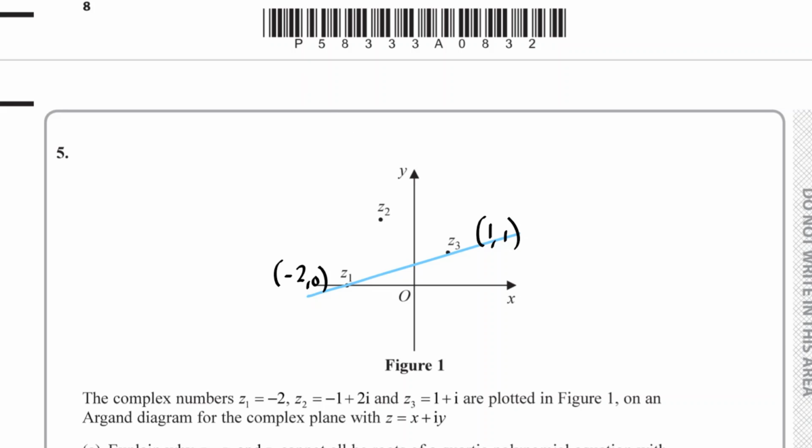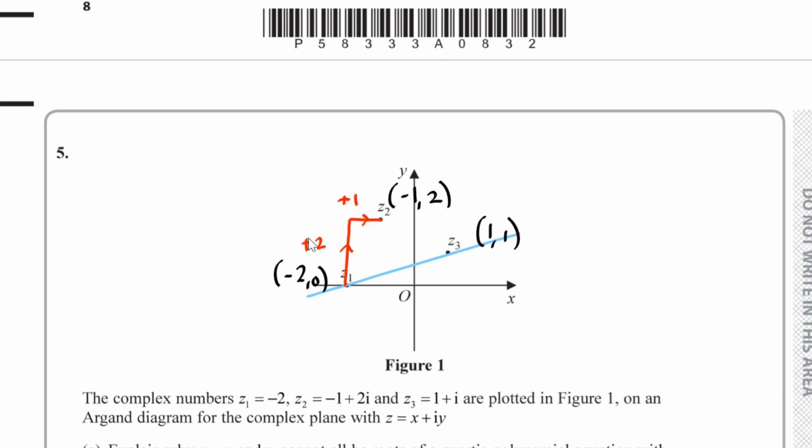And if you think about z2, sorry, let me just write down the coordinates of z2. That's minus 1, 2. Here we go, 2 units up, and then we go 1 unit to the right.